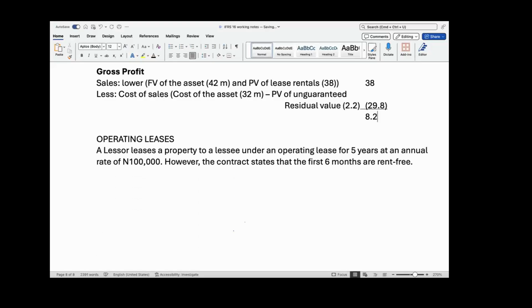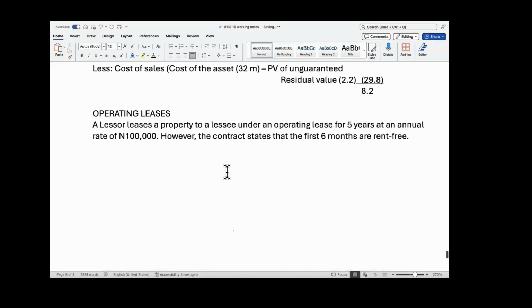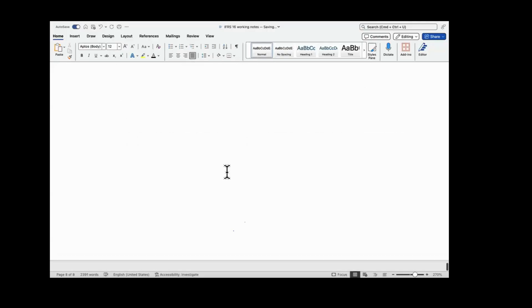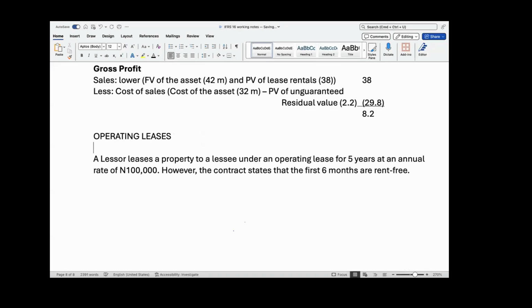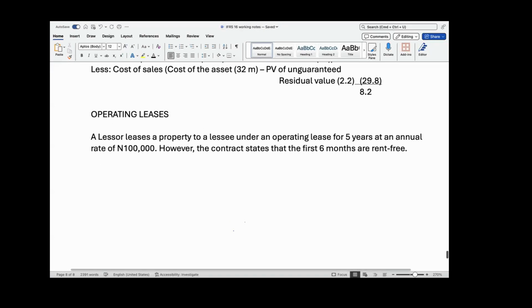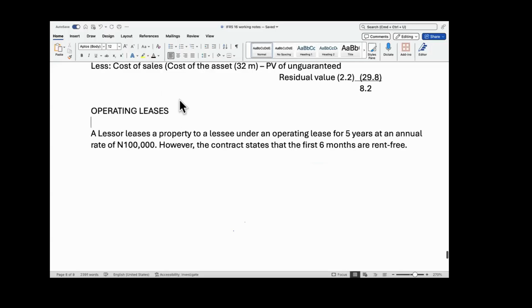So can somebody read the final one? Operating leases. A lessor leases a property to a lessee under an operating lease for 5 years at an annual rate of 100,000 naira.